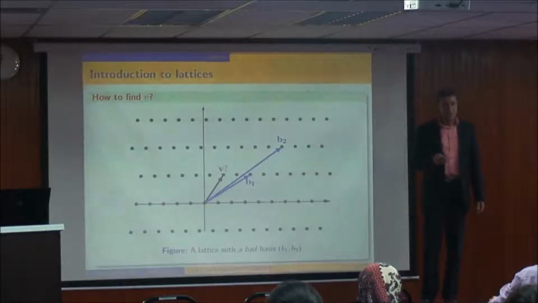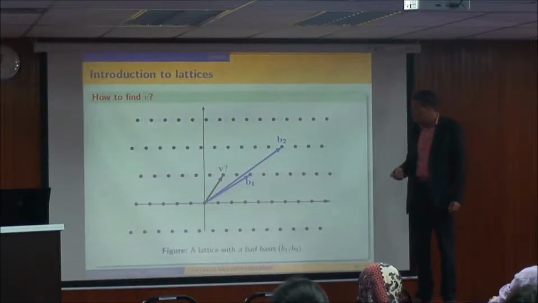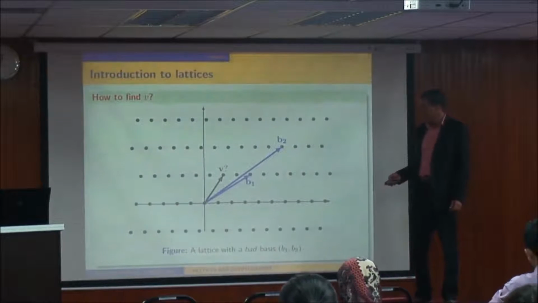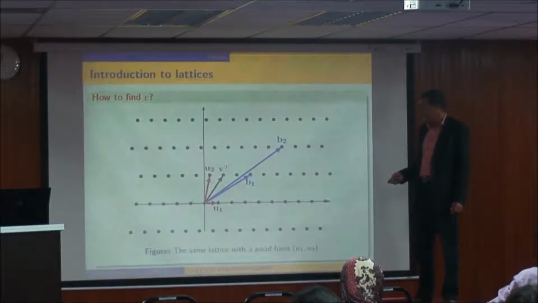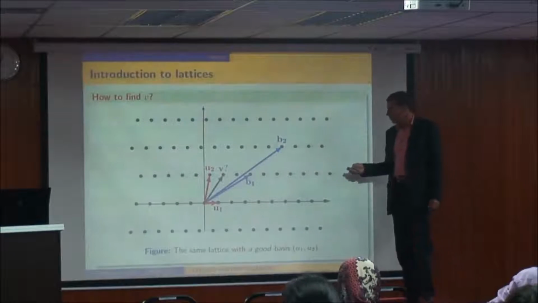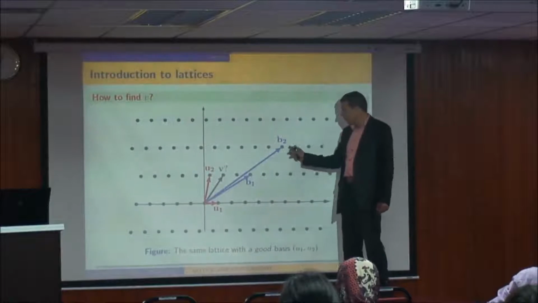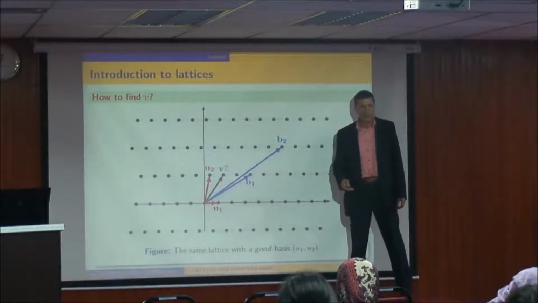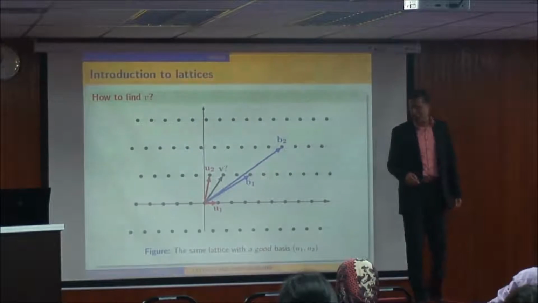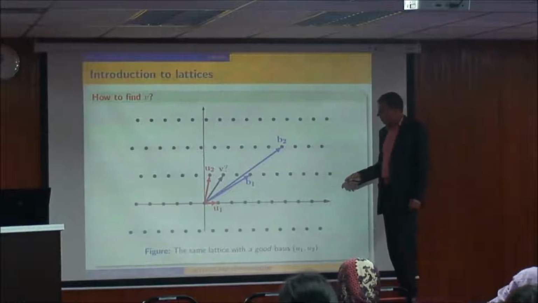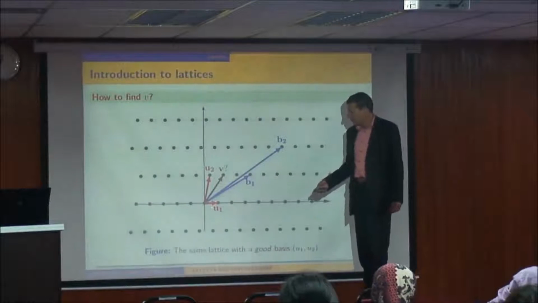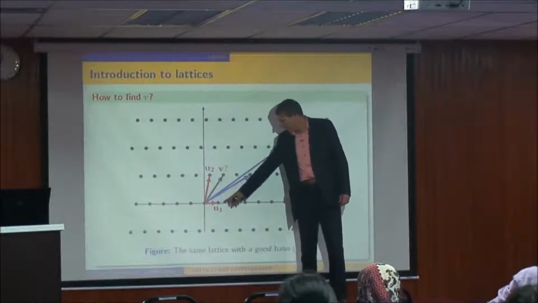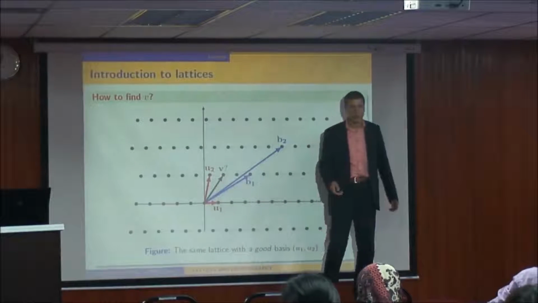So we need to move to a good basis for the same lattice. For example, if we move from the basis V1, V2 to the basis U1, U2, you can easily find the linear combination that gives the vector V, because here in the red one we can find that V is simply U1 plus U2.